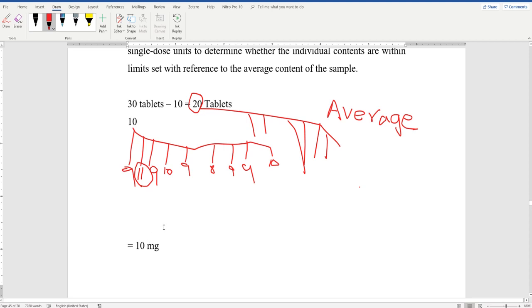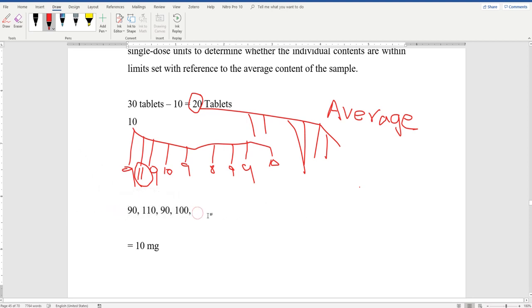What does it give? 90%. Okay, the other one, 11 divided by 10 into 100 becomes 110%. Then 9 again, 90%. Then after that you have 100%, and so on. Okay, so you do all these testing.